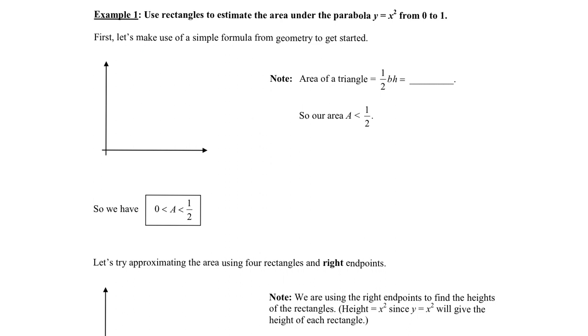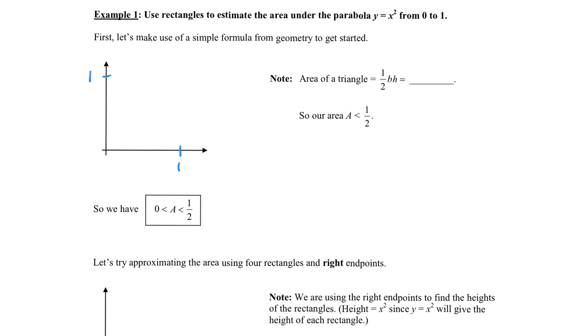So to see what we're going to be doing in section 5.1, let's take a look at an example here. Example 1 says, use rectangles to estimate the area under the parabola y equals x squared from 0 to 1. So we've all seen this parabola a whole bunch of times. So let's say this is 1 here and 1 here.